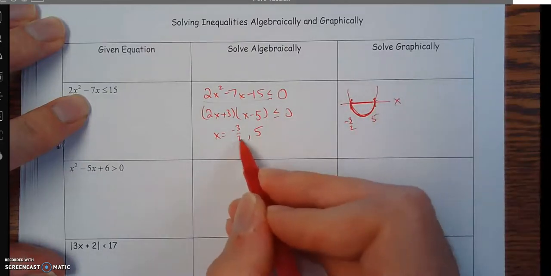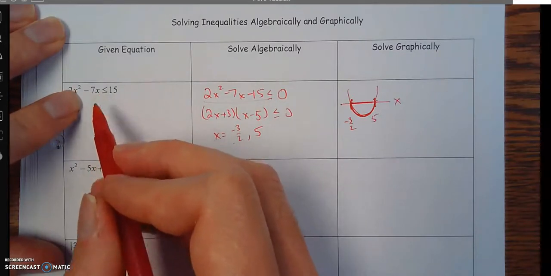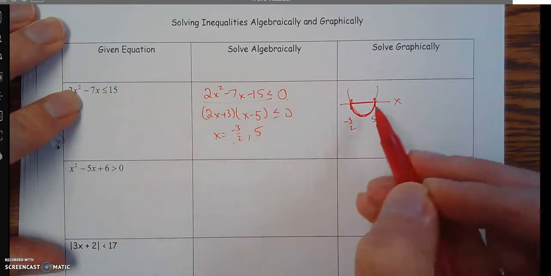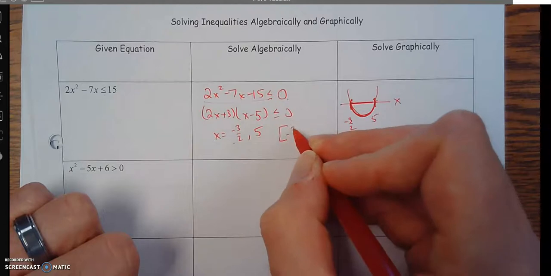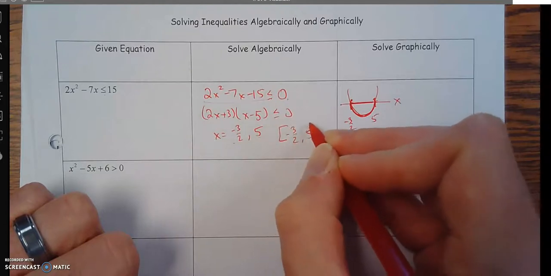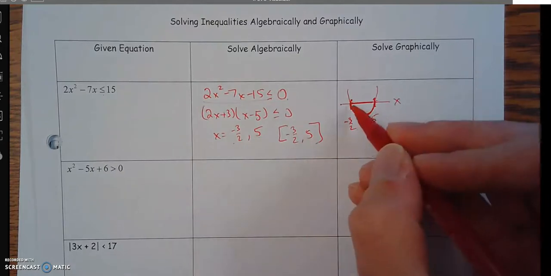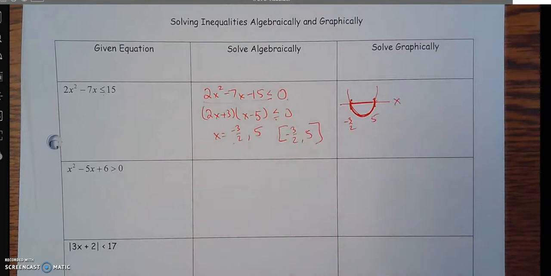Okay, so when we get these answers, my final answer is saying what x values would give you a value less than 0 here, so we put it under the x-axis. That means any x between -3/2 and 5, with -3/2 and 5 being included, would work. Okay, so this part of the parabola satisfies being less than 0.